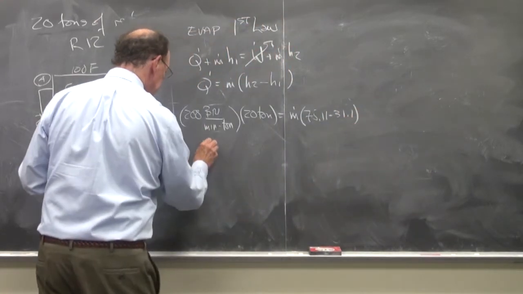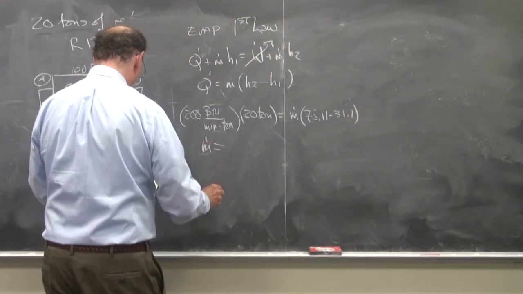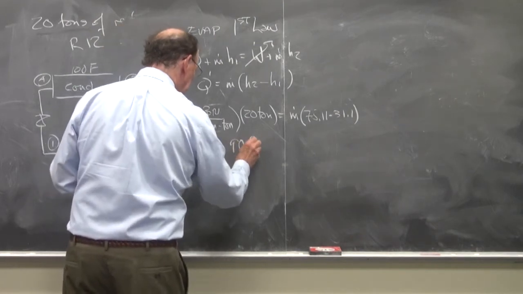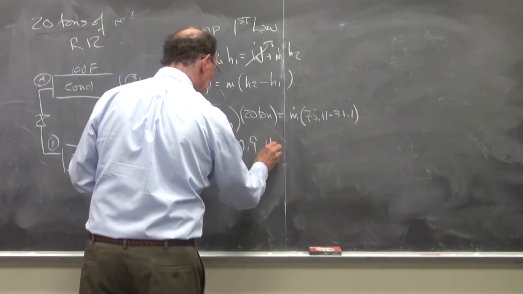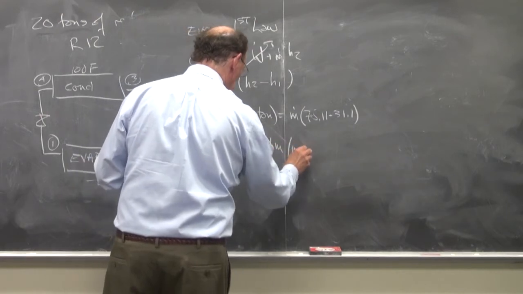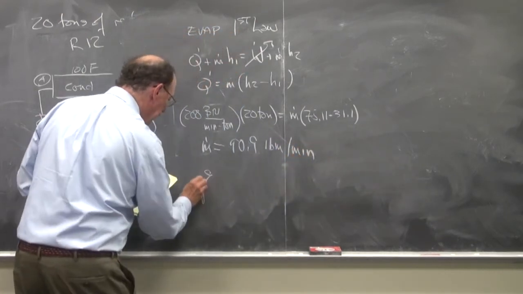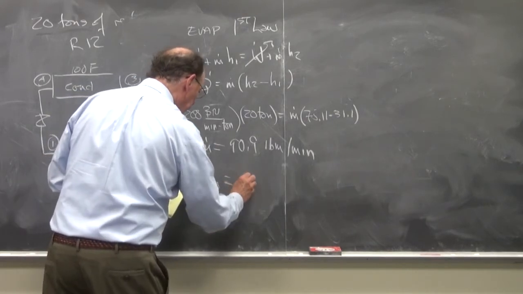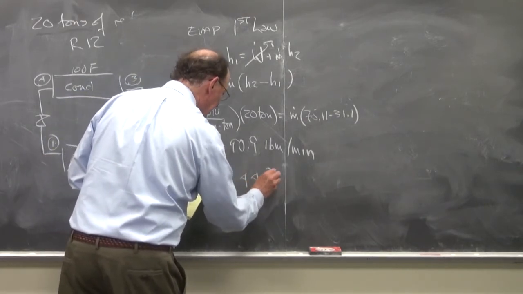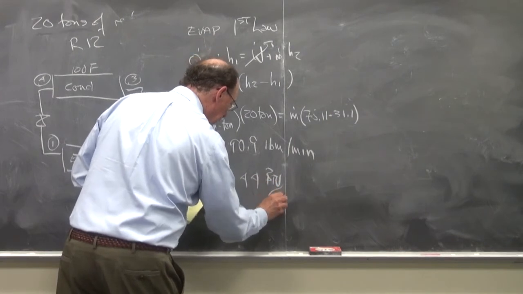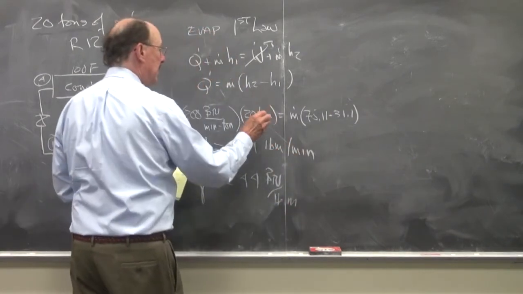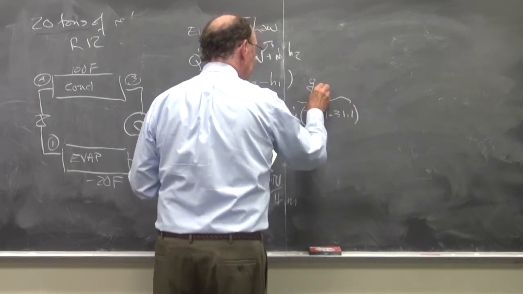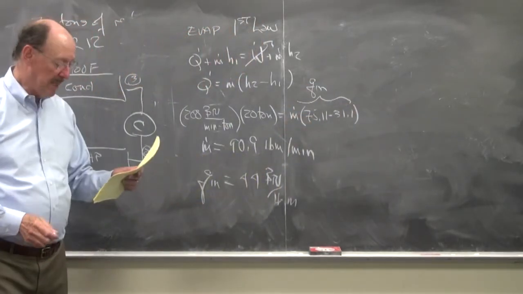So we get that the mass flow rate of the refrigerant is 90.9 pounds mass per minute. And little q in is equal to 44 BTUs per pound mass. So this value right here is the heat in per unit mass.